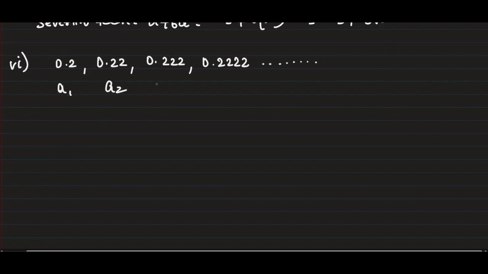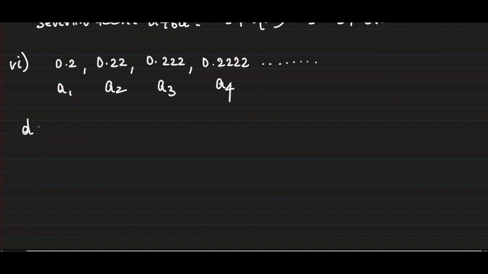So question number 6, the series is 0.2, then 0.22, then 0.222, then 0. followed by four twos, and so on. Now let's say this is A1, A2, A3, A4.